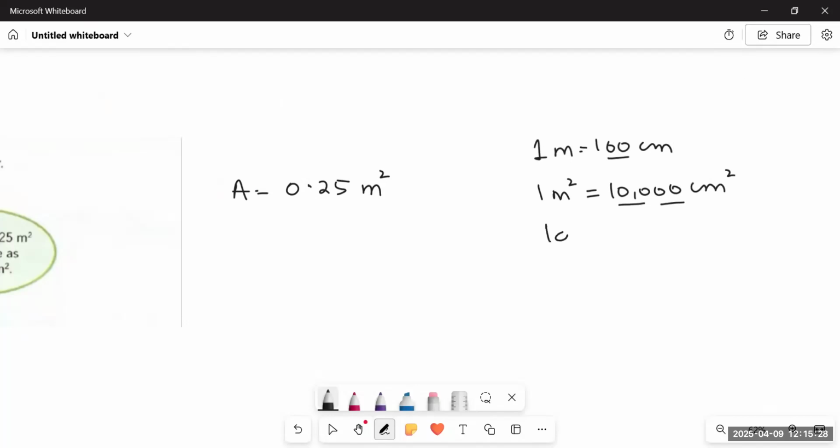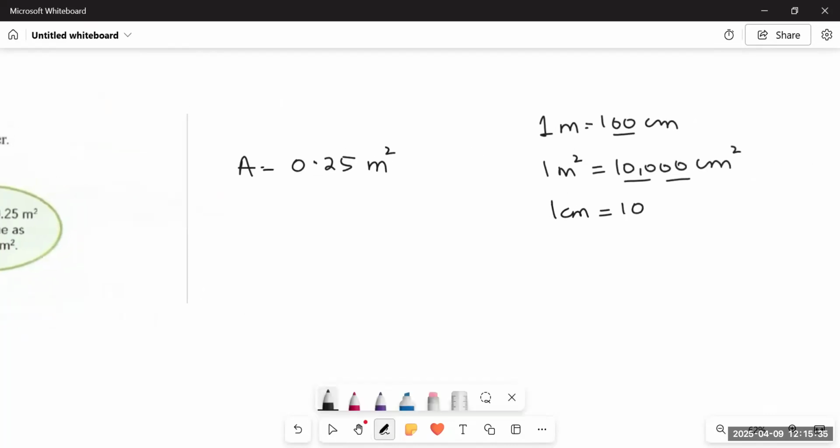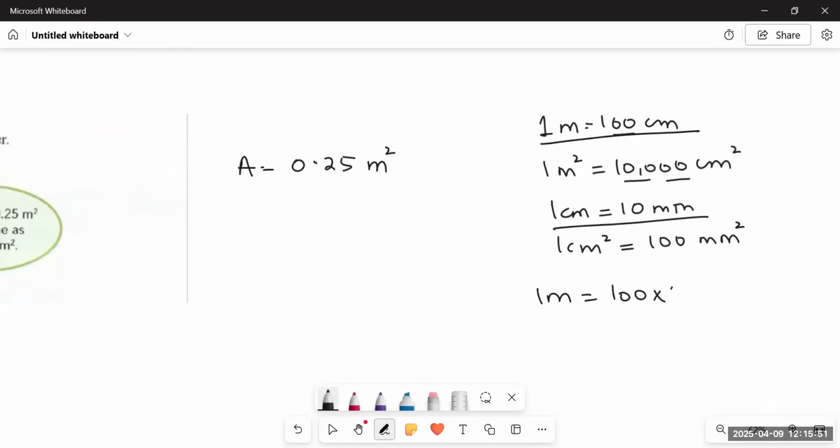Similarly, the relation between centimeter and millimeter is 1 centimeter equals 10 millimeters. But 1 centimeter square is equal to 100 millimeter square. So taking these two, 1 meter is equal to 100 multiplied by 10, that is 1000 millimeters. This is the relation between meter and millimeters, but they are talking about meter square and millimeter square.